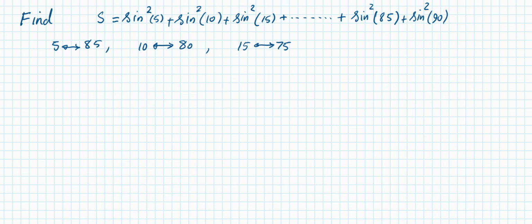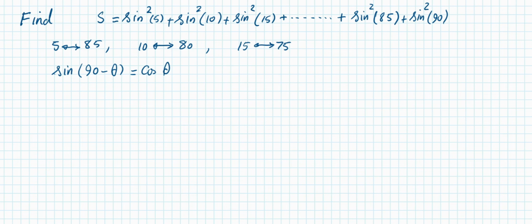Now we use the identity from trigonometry that sine of 90 minus theta is equal to cosine of theta.